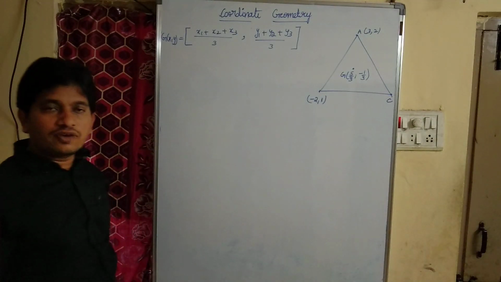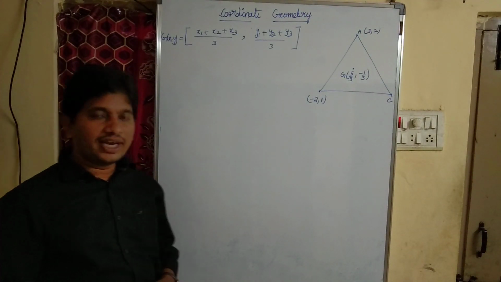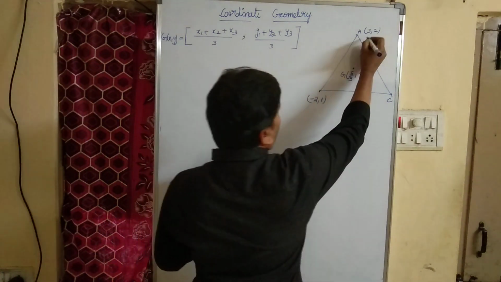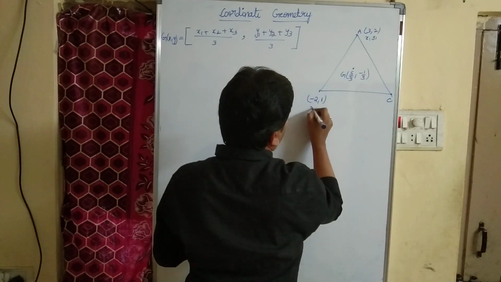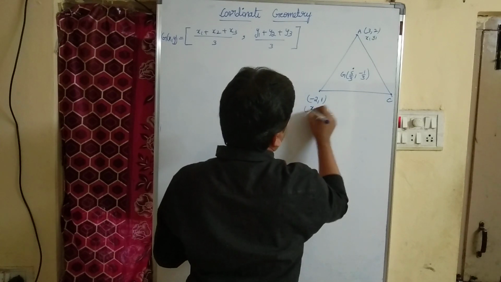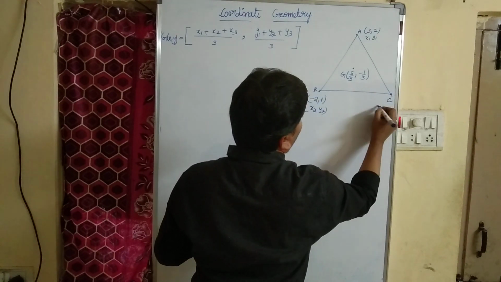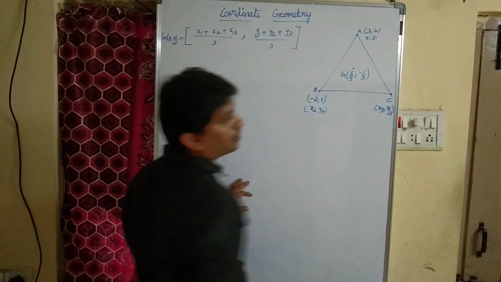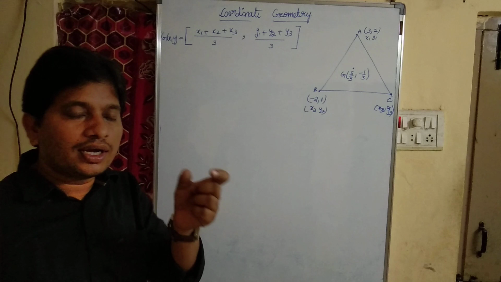Here we know the values of x1 y1, we know x2 y2, and we don't know the vertices of C, that is x3 comma y3. We have to find out x3 and y3.